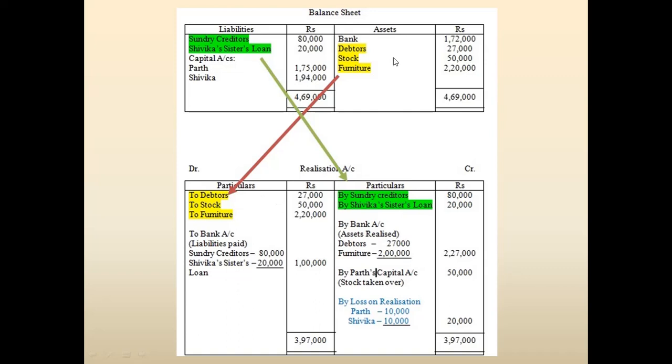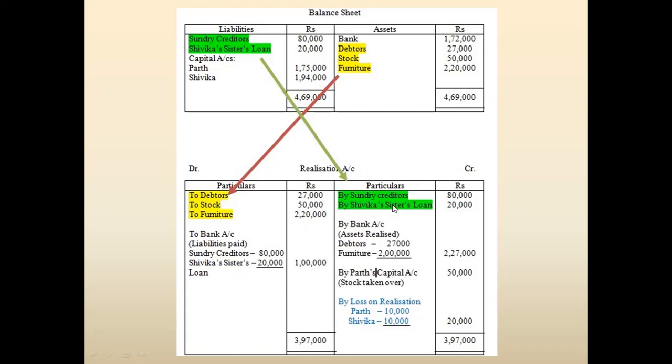After that, you just have to copy down from the balance sheet whatever items are there to appear in realization account. Just note them down here, and whatever the figures are, just put them down here, and from the liability side also.